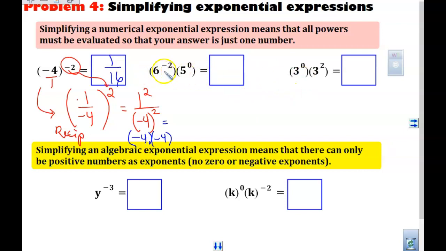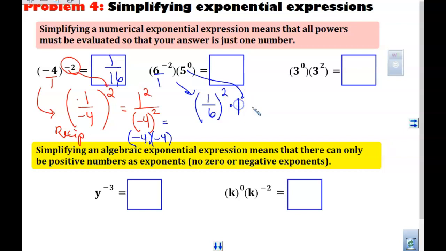All right, so we're taking a look at that next one. And Jaden, I have 6 to the negative 2 power. Help me out. What am I going to do with that? Tell me what to write as a reciprocal. 1 over 6. Okay, to what power? To the second. And Kaizen, 5 to the 0 is what we're multiplying at times. Anything to the 0 equals 1.